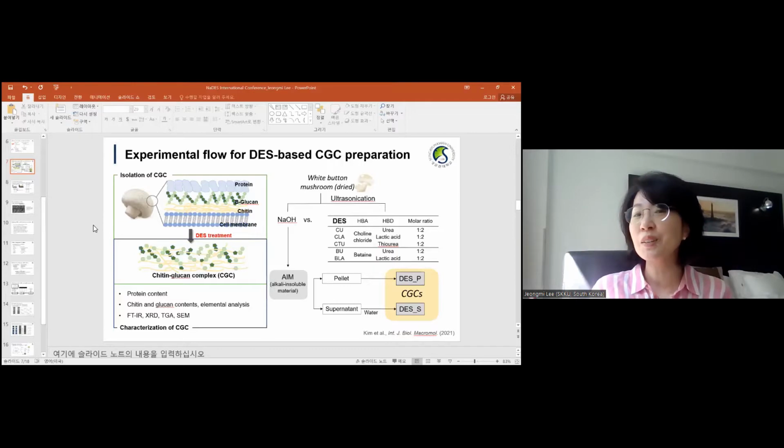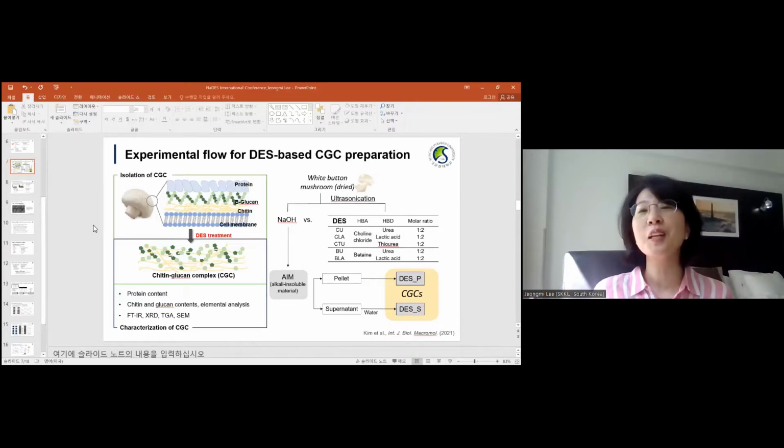But honestly, in Korea, white button mushroom is not so popular. I don't know the academic name, but there is a mushroom like a very thin straw, which is very cheap and popular, unlike the white button mushroom.